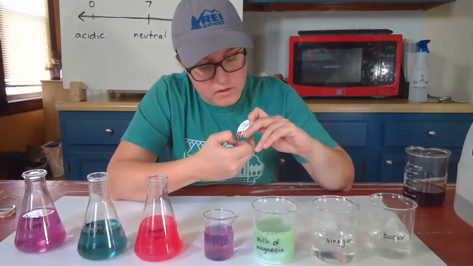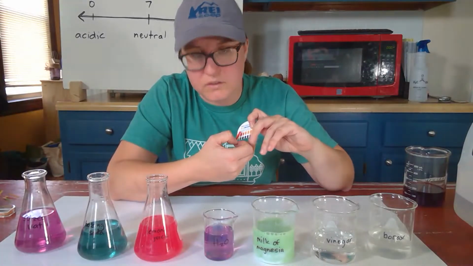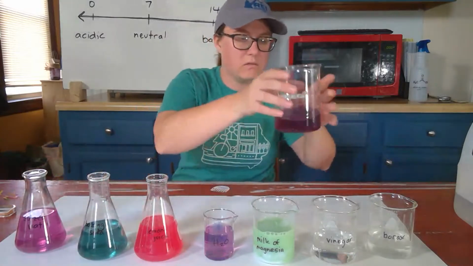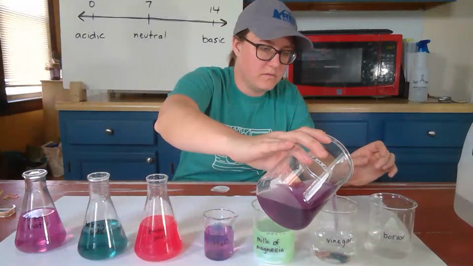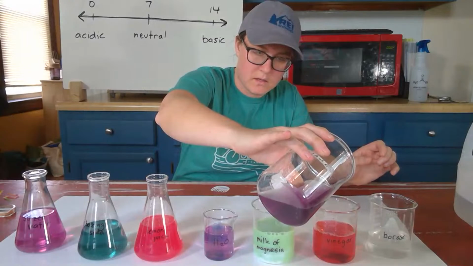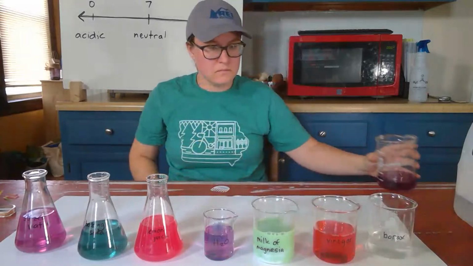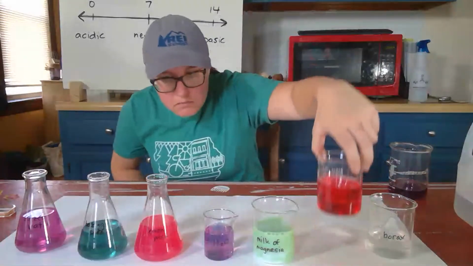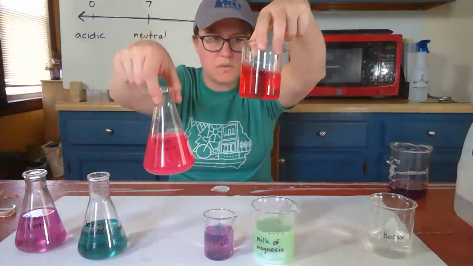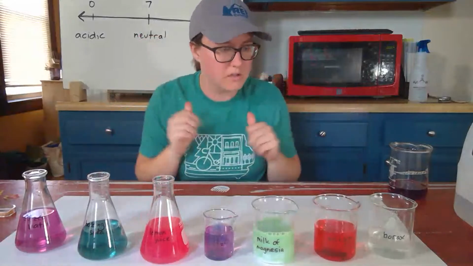Definitely down there in the maybe 1 to 2 range in terms of the pH. So we'll go ahead and do that. Vinegar. Oh yeah. Maybe even more red there. I would say vinegar is a little bit lower on the pH scale.